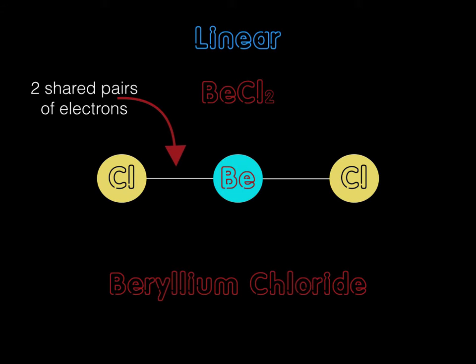But you'll notice here we have 2 shared pairs of electrons signified by the lines. Okay, we have no lone pairs. So in total we have 2 pairs, and each of them are shared pairs. Now, because of the lack of lone pair electrons, this molecule remains this shape. We call this a linear molecule because it makes a line. Okay, linear.